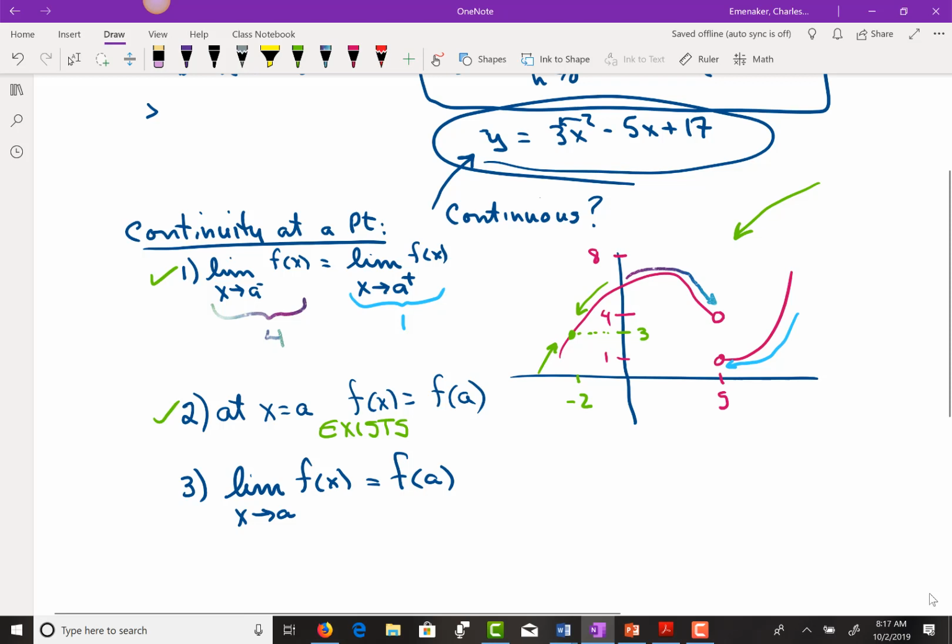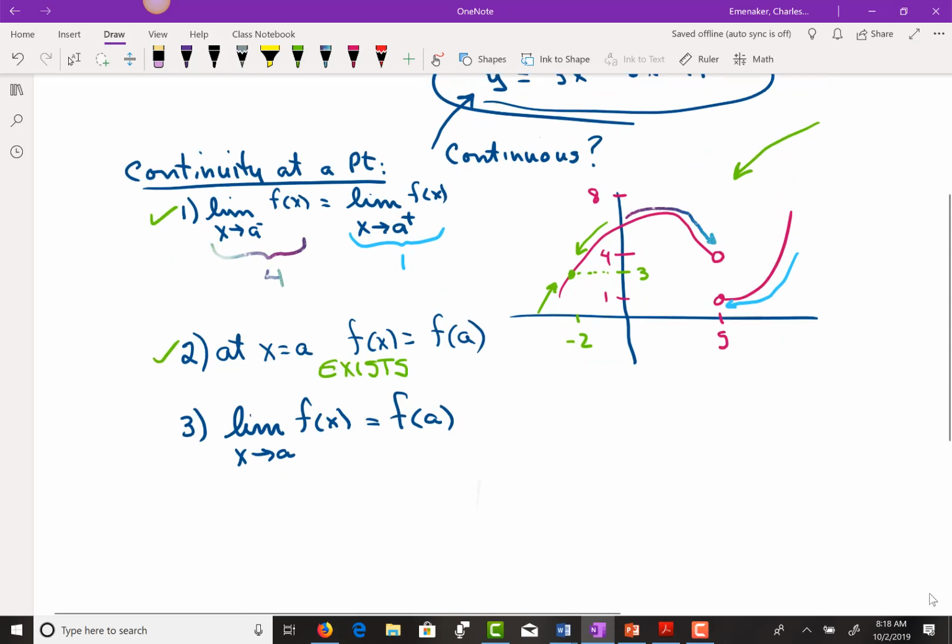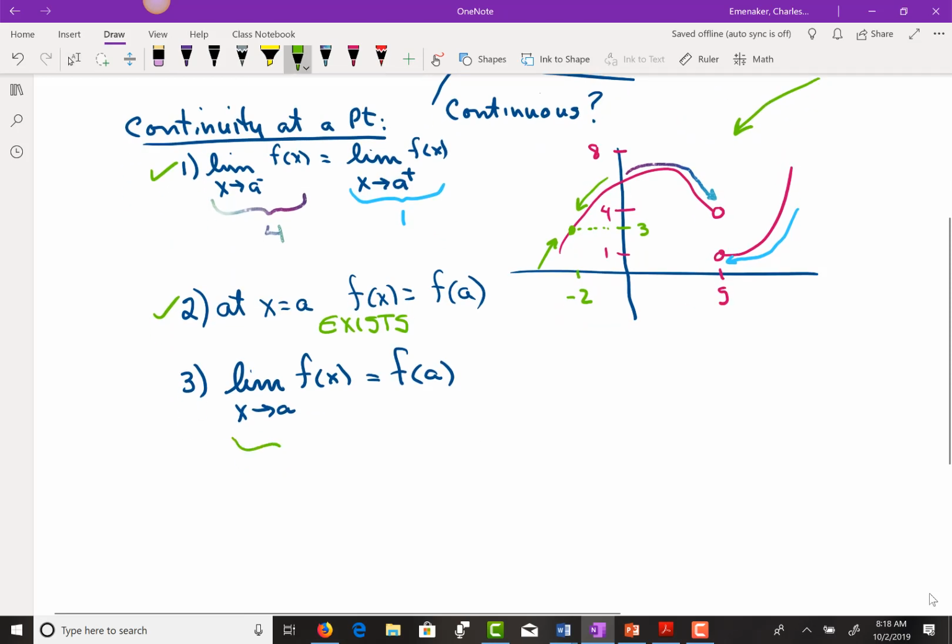But in this second location, x equals -2, come in from the left and the right, yep, looks like we're headed to y equals 3. If I look at the actual function, hey look, it does exist. When x is -2, we get a y value of 3. And then the last thing, this limit, in this case, goes to 3. The function has a value of 3. So where it looks like it's going is where you really end up. Does that make sense?